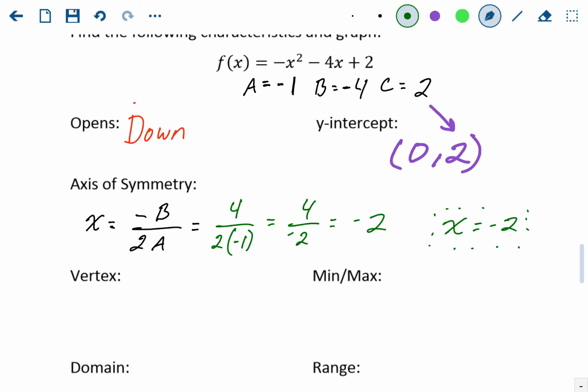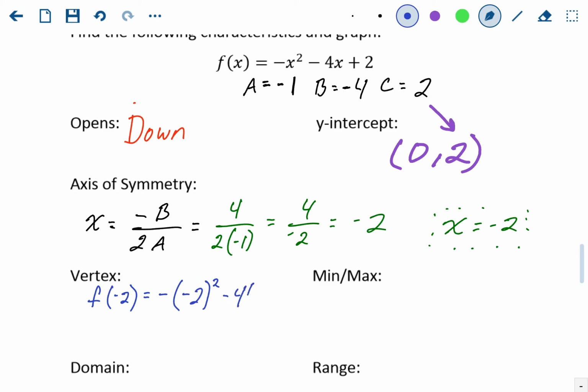The vertex. Since we know the axis of symmetry, the axis of symmetry is also the x value of the vertex. So to find the y value of the vertex, we need to find f of negative 2. We need to find the output when the input's negative 2. So we plug that into our function. It's negative 2 squared. So careful there with the double negative.